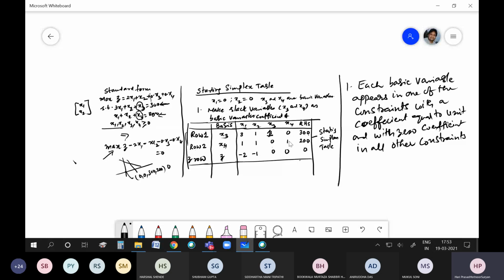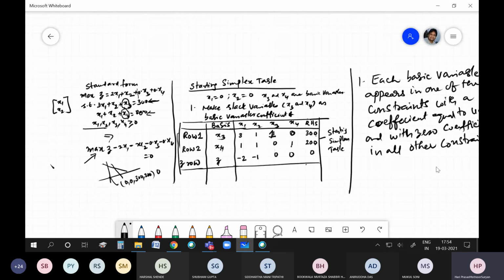So it will have a coefficient 1 in constraint 2, and in the rest of the constraints its coefficient is 0.